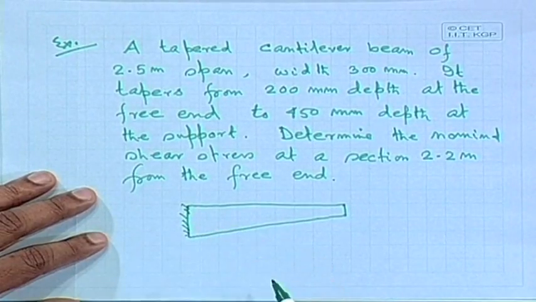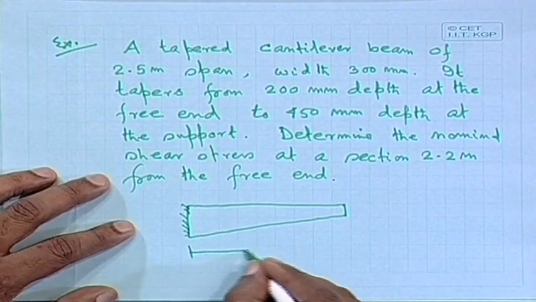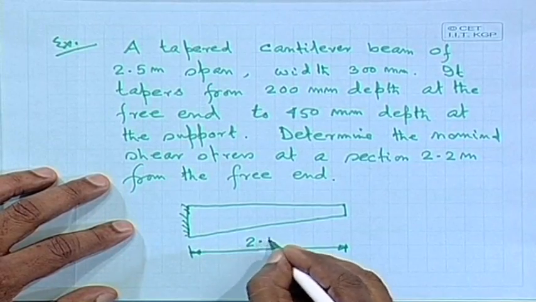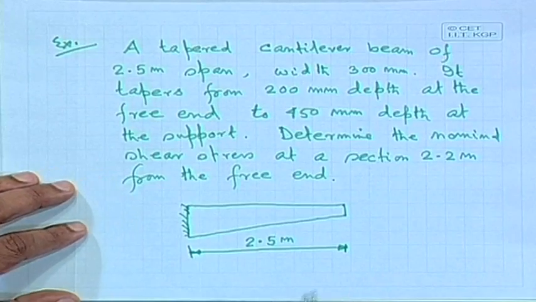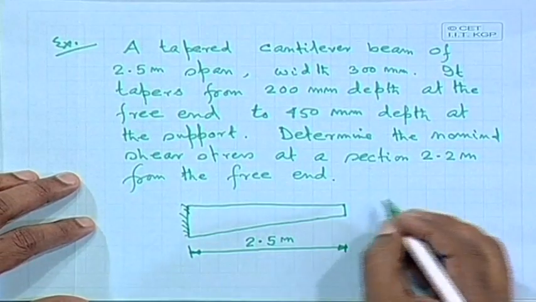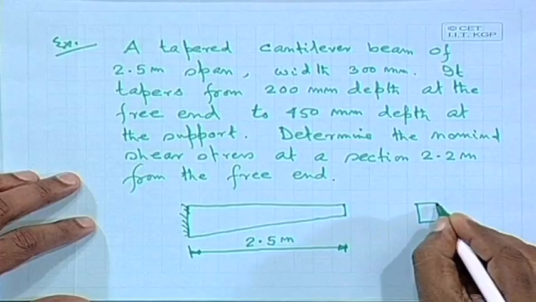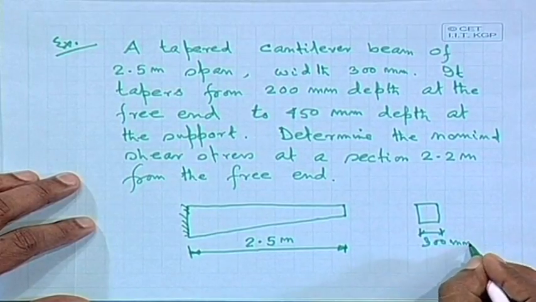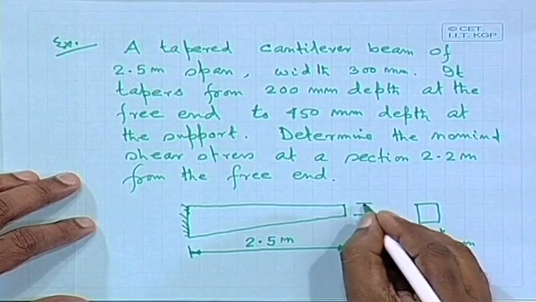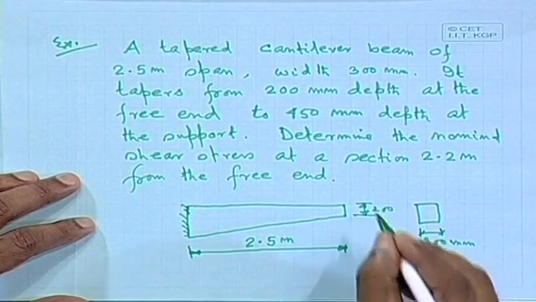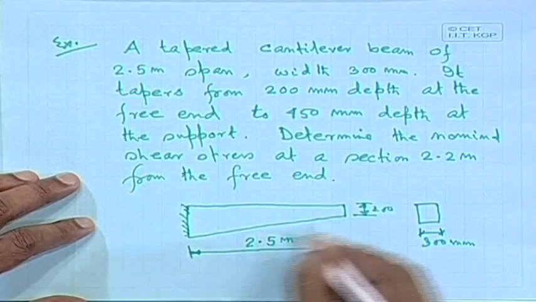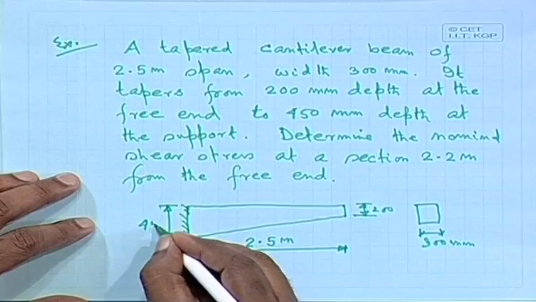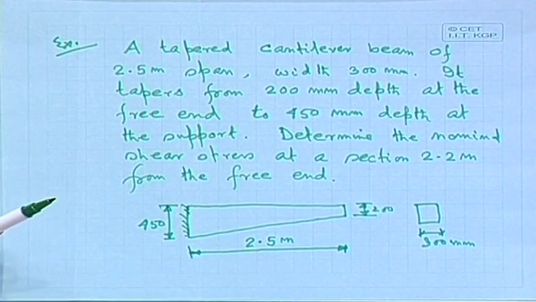Tapered cantilever beam of 2.5 meter span, this is 2.5 meter. Cross sectional width 300 millimeter, this is 200 at the free end and at the support 450.